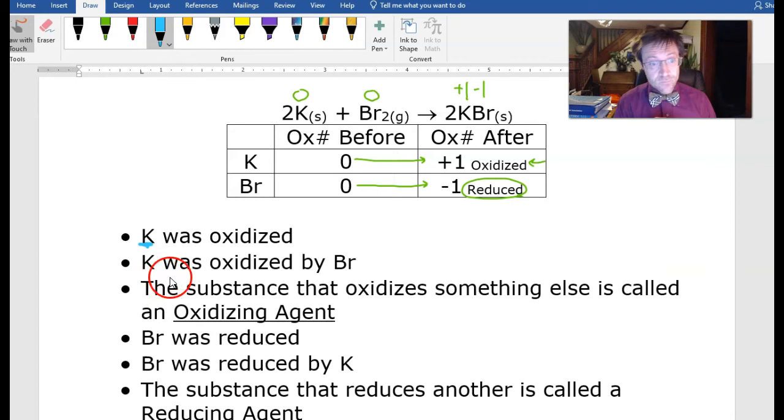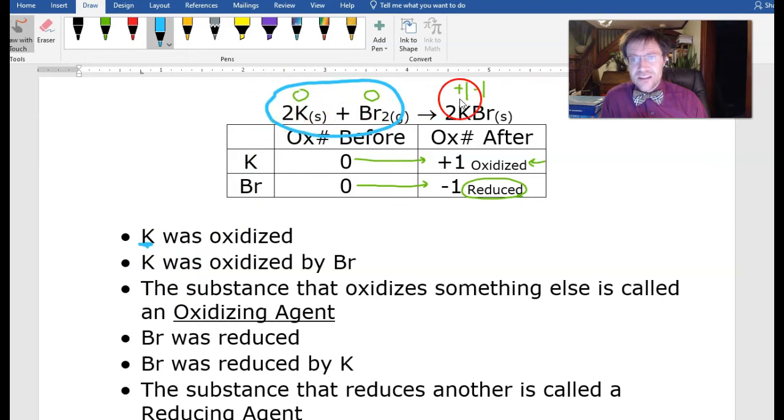You got it? So these guys are going to be the agents because this is what it is before the reaction, and this is where it's all after. So potassium was oxidized, specifically potassium 0. So potassium 0 was oxidized by bromine 0. Does that make sense? Because who took the electrons, right?